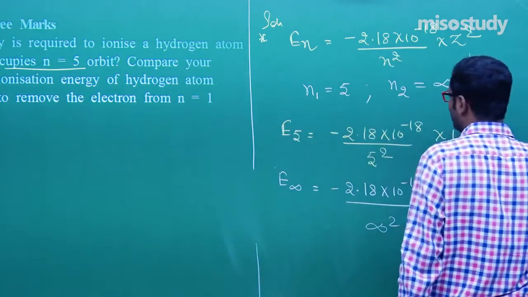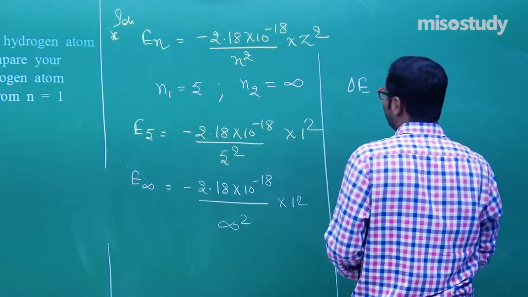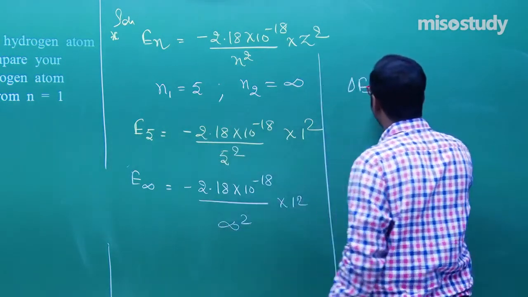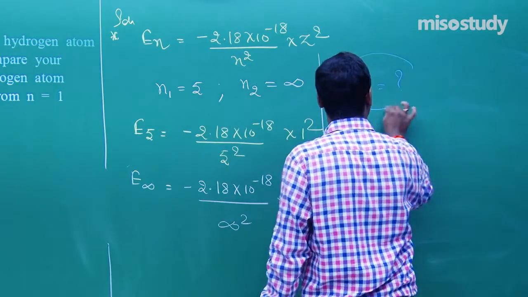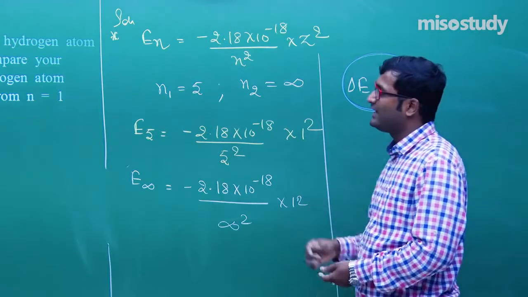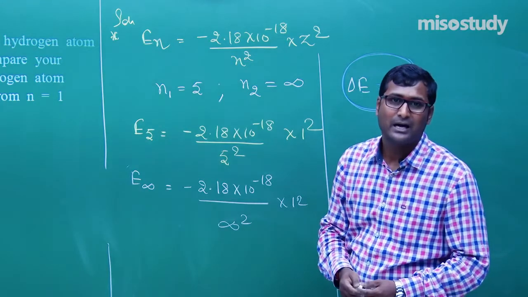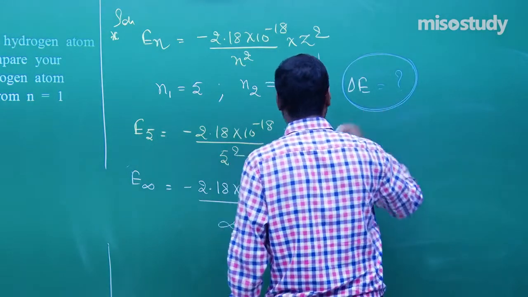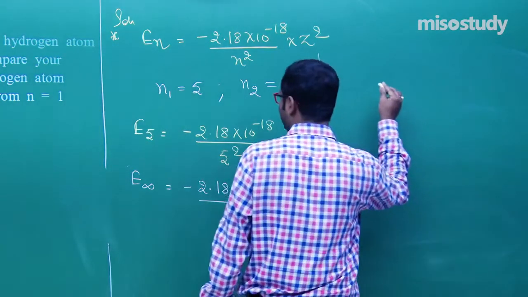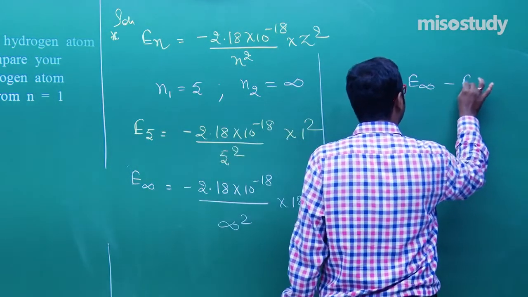If I solve this question, that is delta E. Now delta E, if I subtract these two, we get the overall amount of energy. Am I right? Yes sir, you are absolutely right. Delta E is equal to E infinity minus E5.